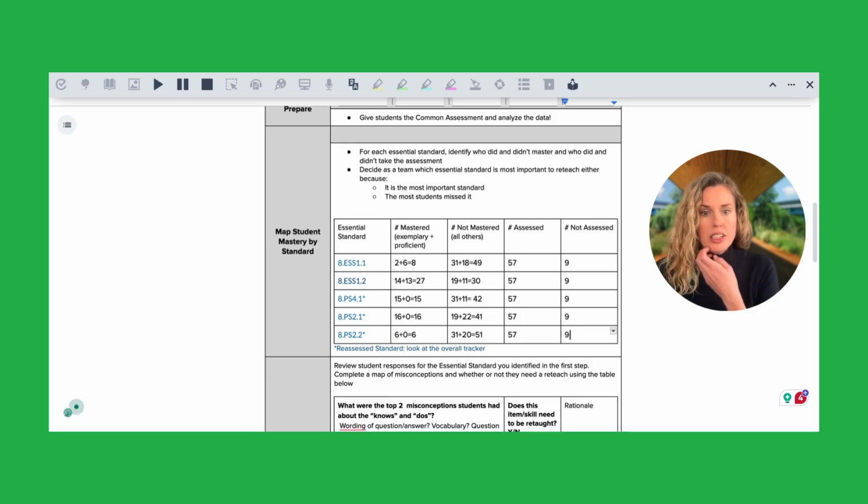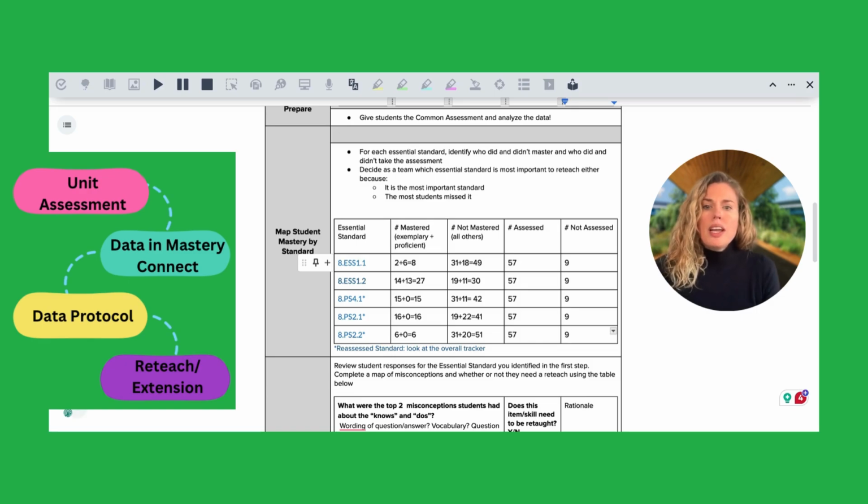So 8 have mastered and 49 are in the not mastered category. So we want to really focus on ESS 1.1. And then out of our reassessments, we still see a high need around PS 2.2. Fewer questions are asked on the reassessment, so we have to keep that in mind, but we see that that is still a high targeted area that we need to focus on, along with ESS 1.1.